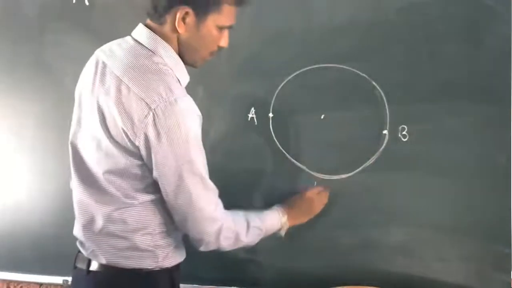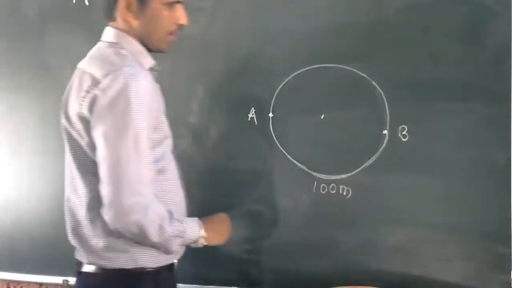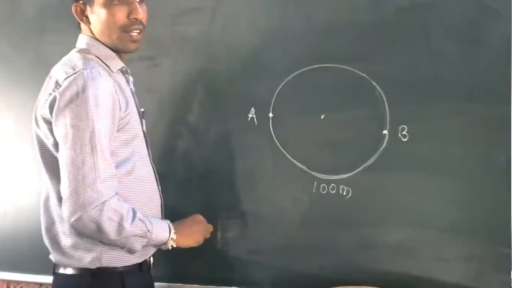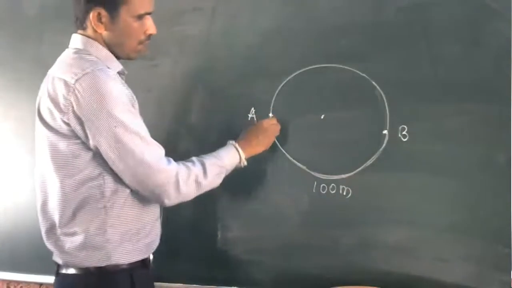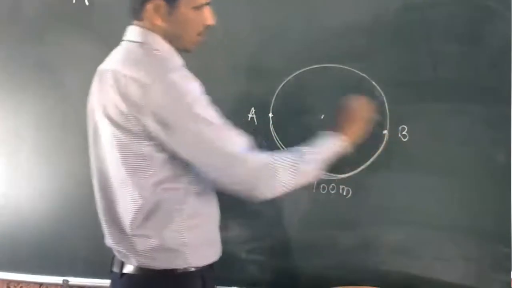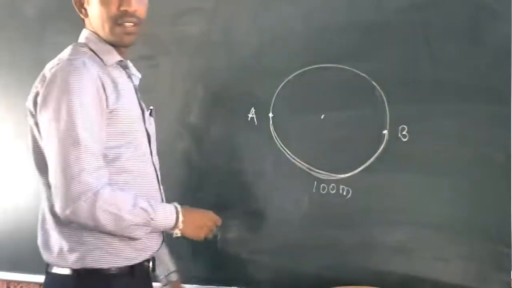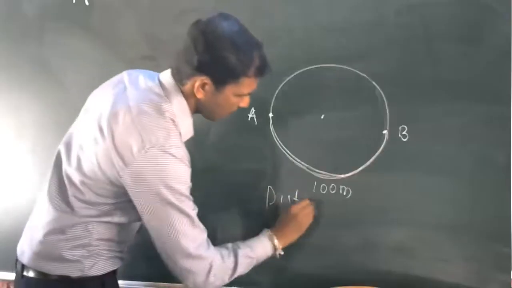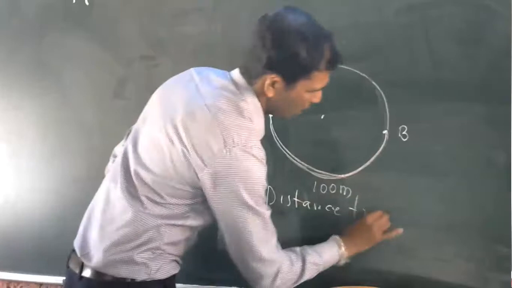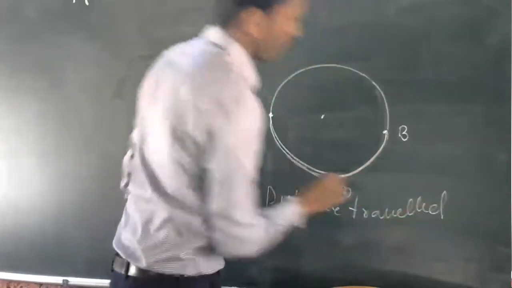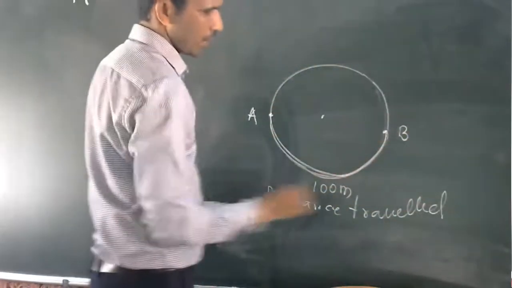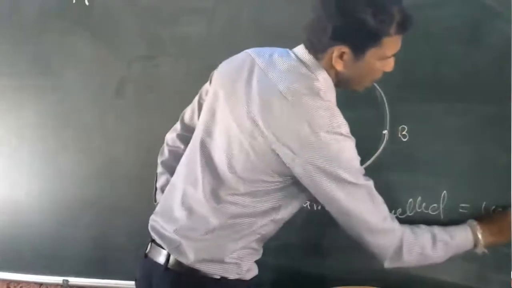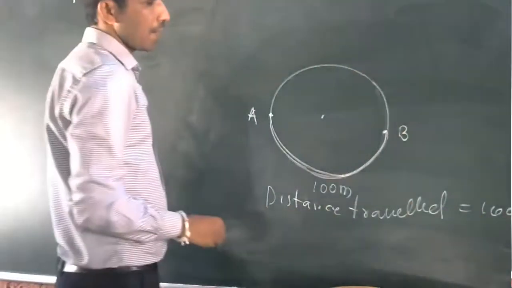Think it is 100 meters. What is the distance traveled? Distance traveled from A to B is 100 meters.